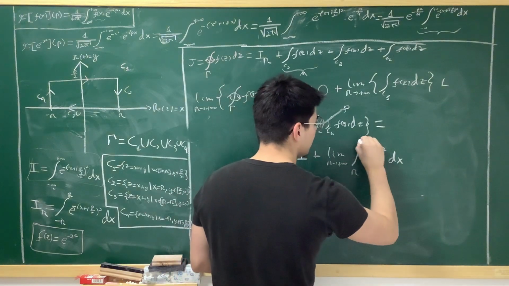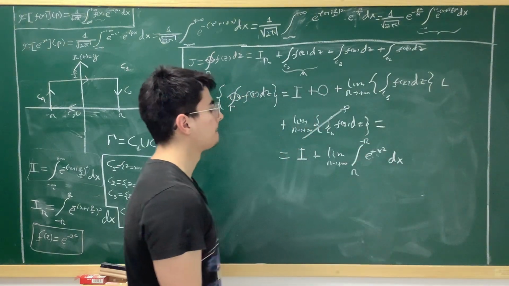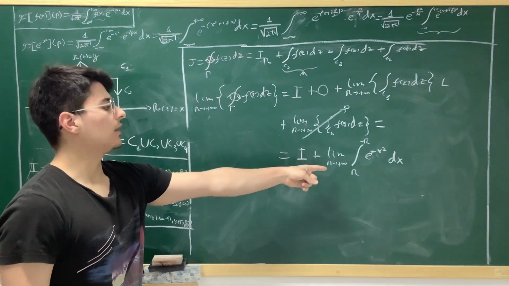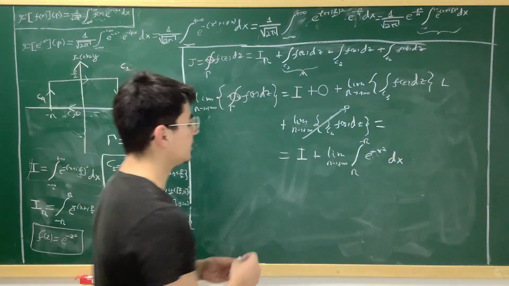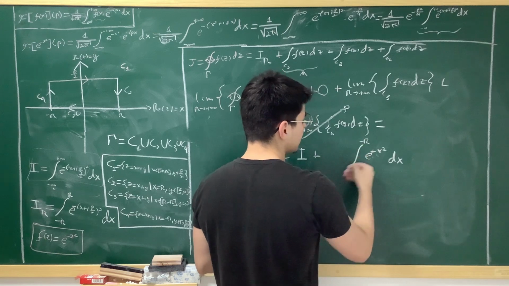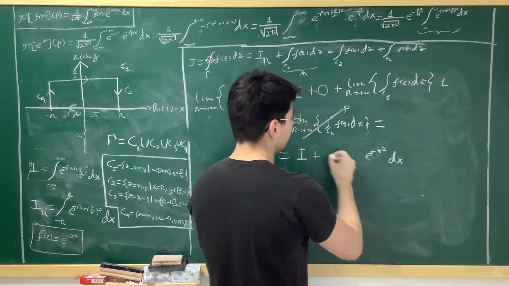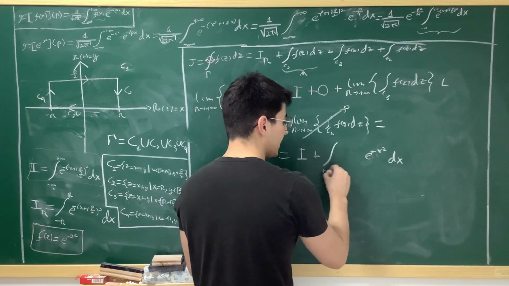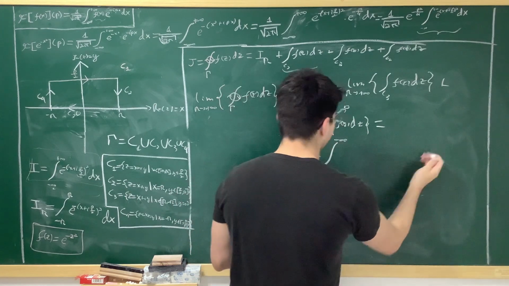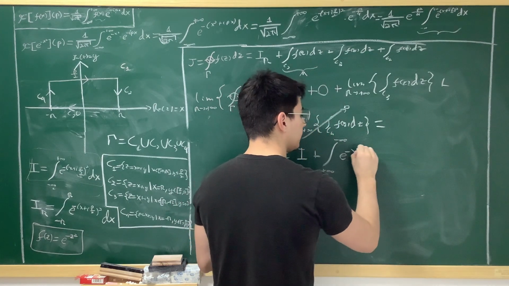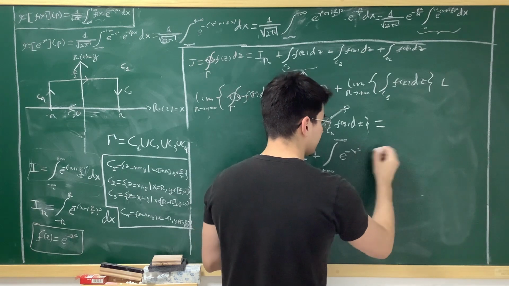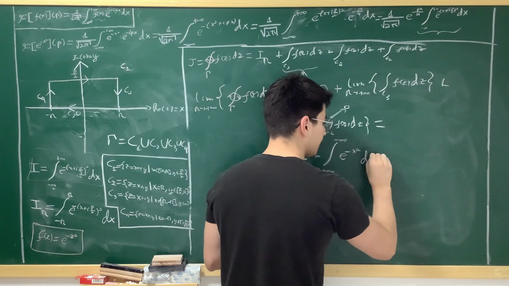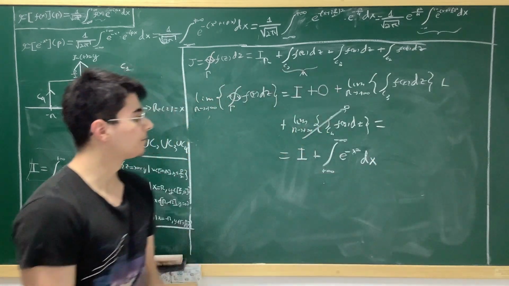And well, taking the limit when r goes to positive infinity is really just changing the integration limits. It's just a matter of notation. This is positive infinity and negative infinity. And that's what we get.